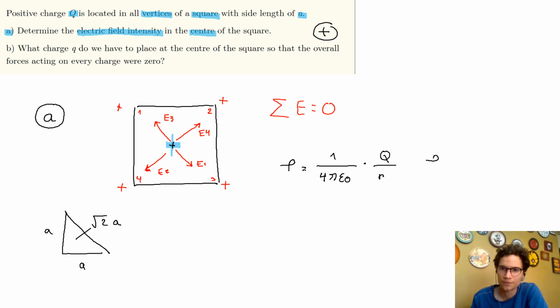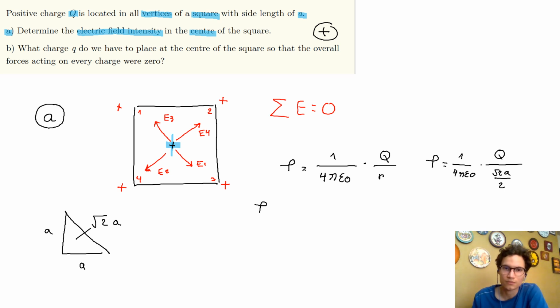So the potential will be equal to 1 over 4 pi times a constant multiplying Q, the charge, over square root of 2 A over 2.